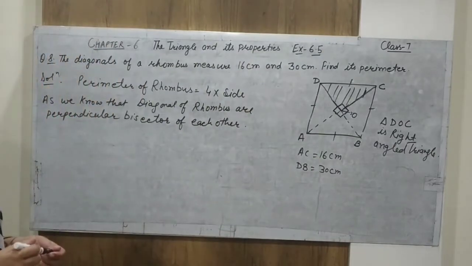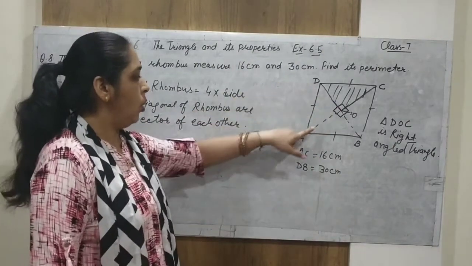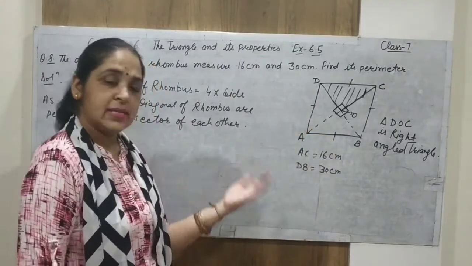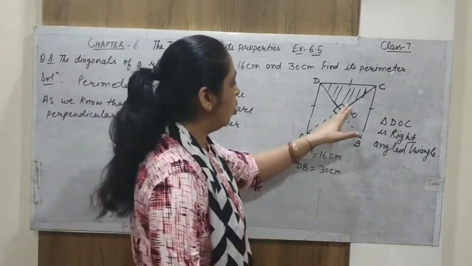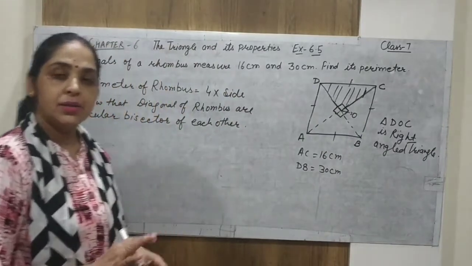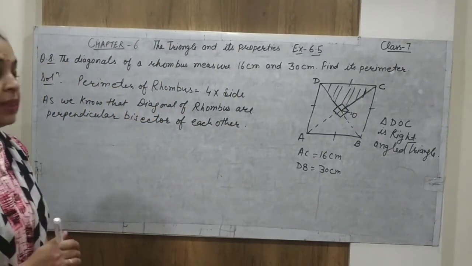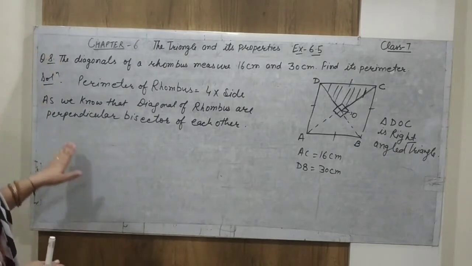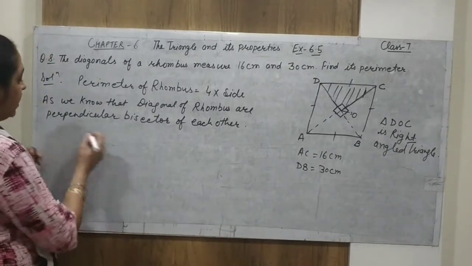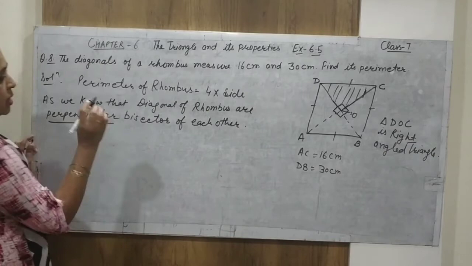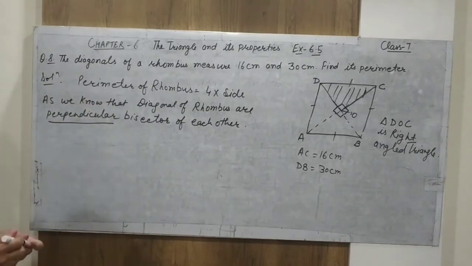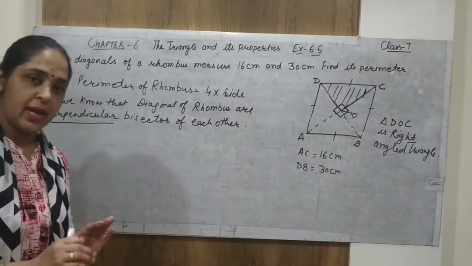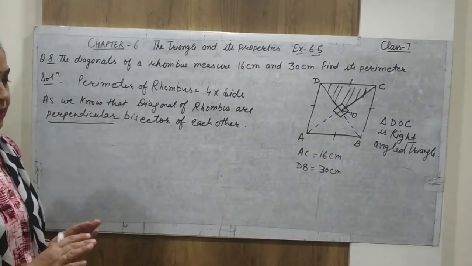DOA is a right angle triangle, BOA is a right angle triangle, DOC is a right angle triangle, because in all of them one angle is 90 degrees. So this is the first property, that perpendicular means the 90 degree angle, and with the help of this property we get 4 right angle triangles.